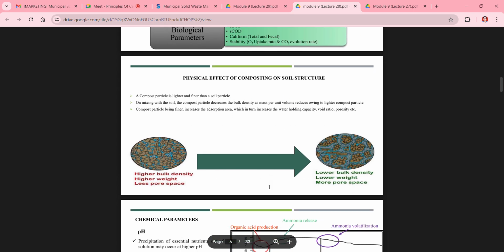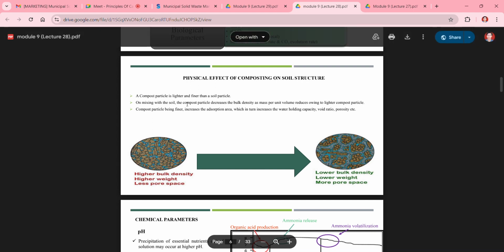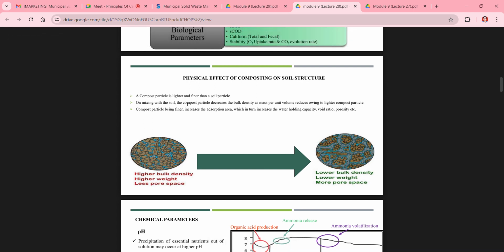Then coming to the physical effect of composting on soil structure, those physical parameters which are going to affect the soil structure. A compost particle is lighter and finer than a soil particle. Why do we need finer particles than soil? So that it can be easily mixed with the soil content. On mixing with the soil, the compost particle decreases the bulk density, as mass per unit volume reduces owing to the lighter compost particle.